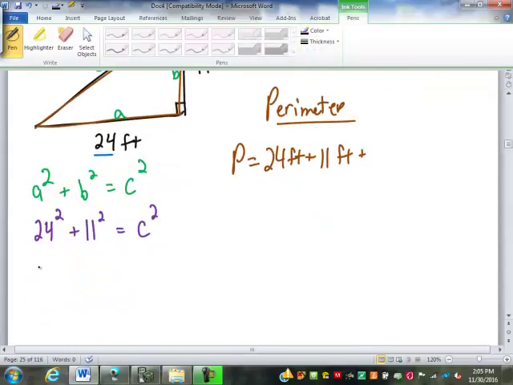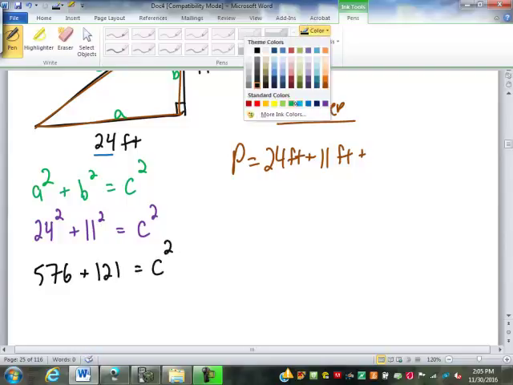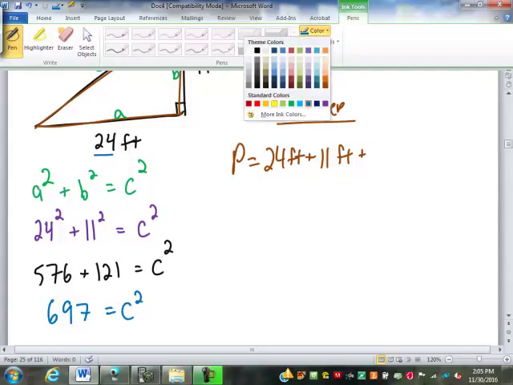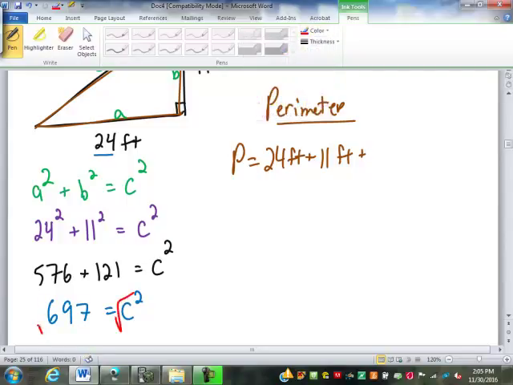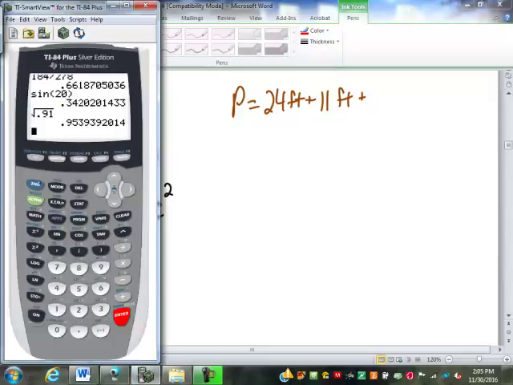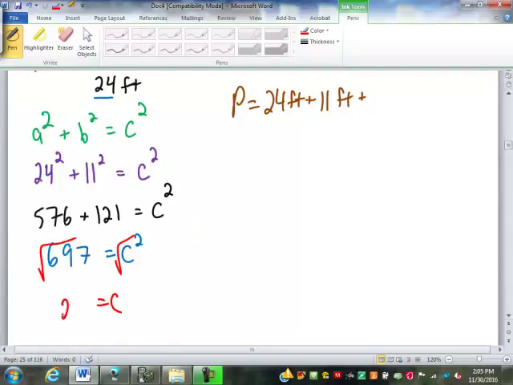So 24 squared is 576. 11 squared is 121. We add those up to get 697 equals C squared, and we have to square root it. So that's going to give us that C equals 26.4.